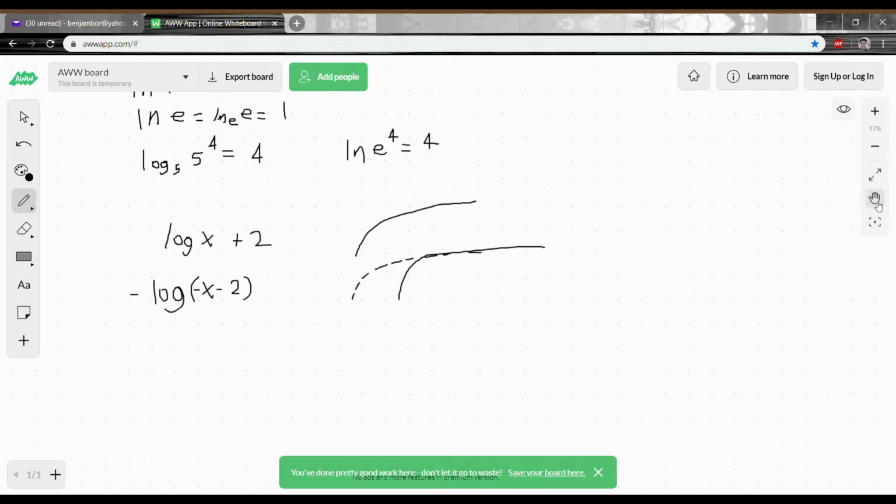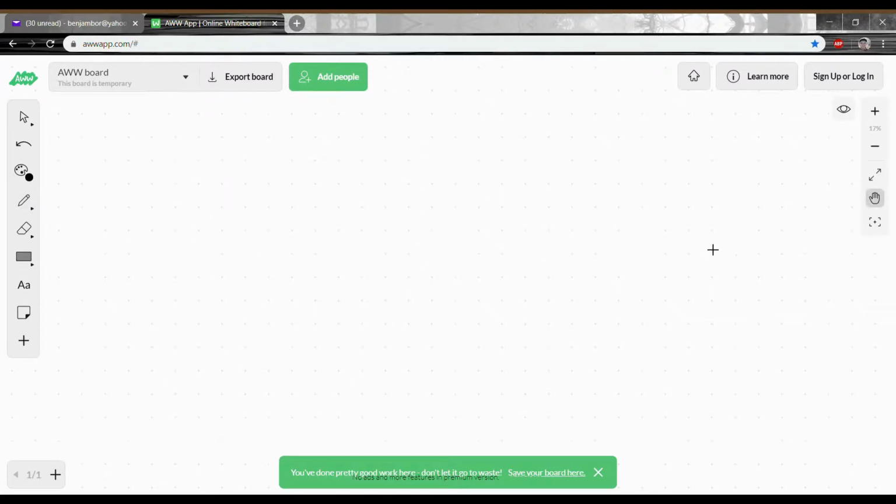The last thing I want to talk about in this lecture is, remember from earlier, one of the first examples we did was that a logarithm of 8 with the base of 2 was equal to 3. But let's say we didn't know that it equaled 3, and we want to use a calculator to evaluate this.